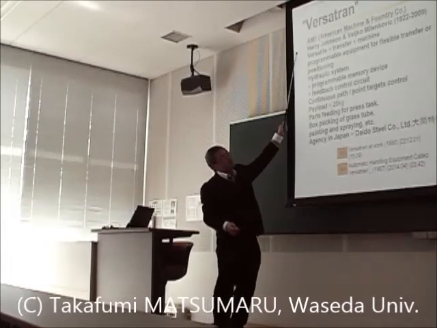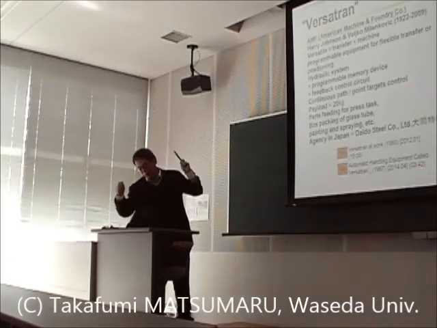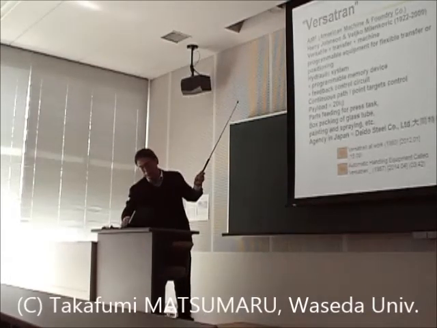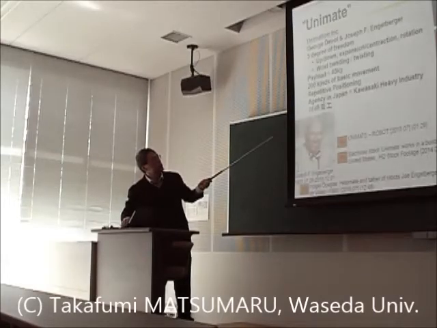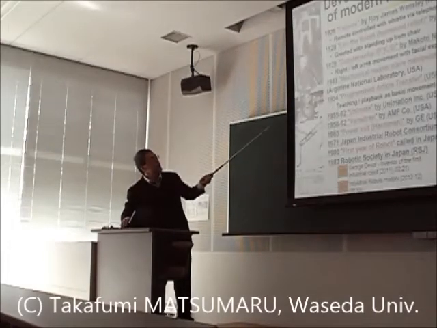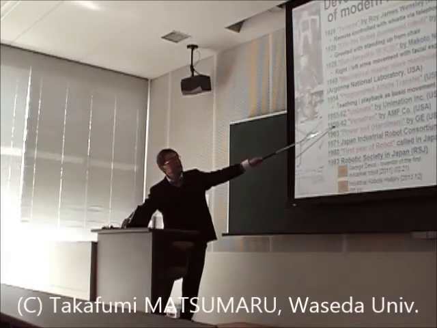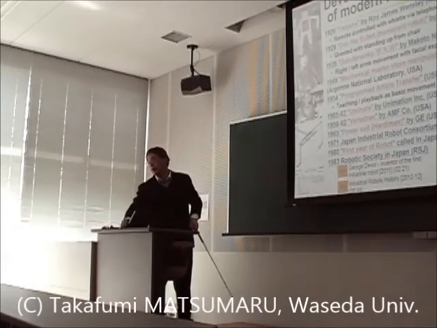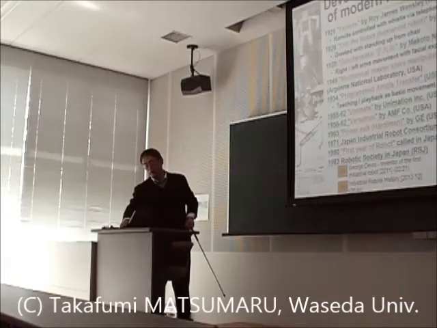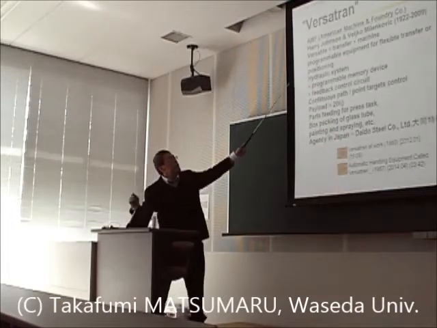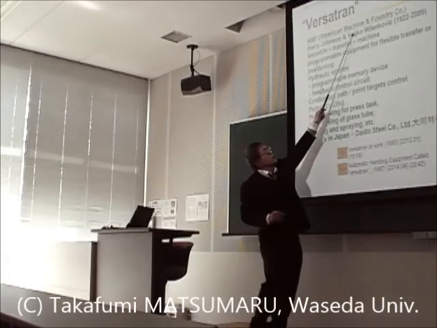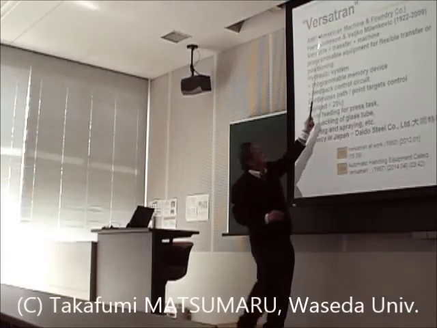Yes. I will introduce Versatran and Unimate on these two slides. As I said, Versatran and Unimate were the first two industrial robots commercially available. The Versatran was developed by the American Machine and Foundry Corporation.